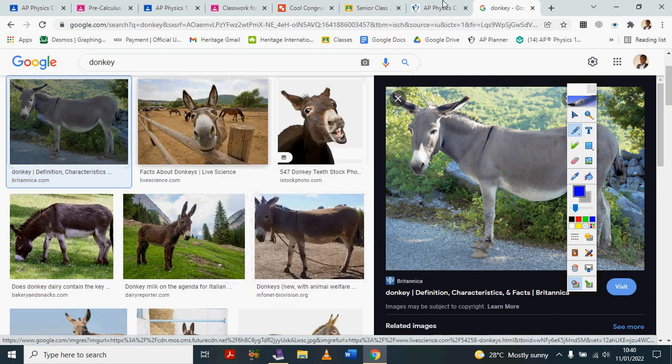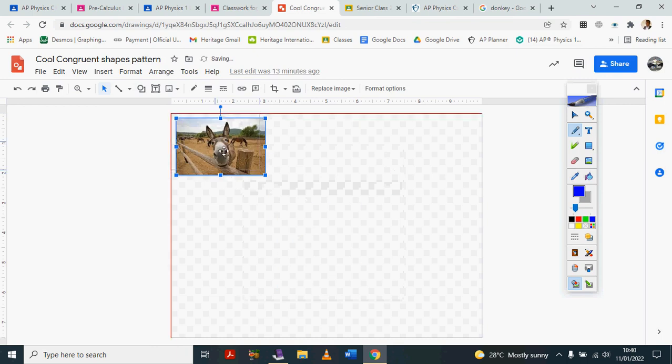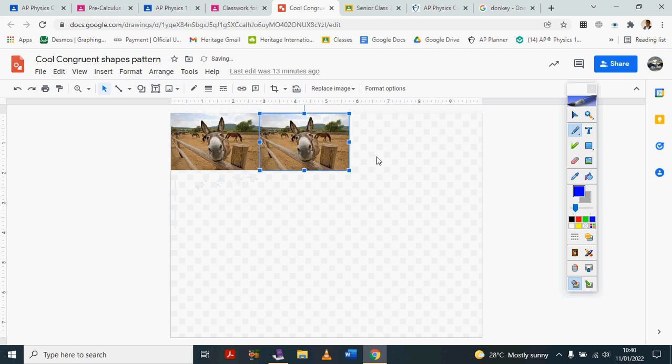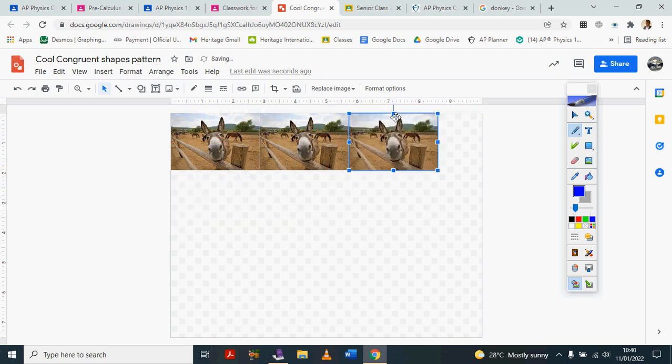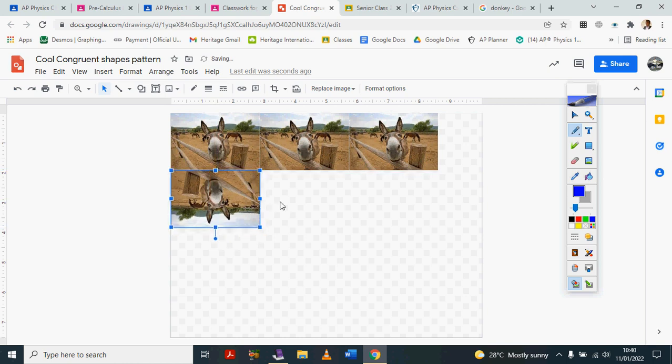You can copy the image, and then you go to your shape and paste it, right? And all you have to do is paste many images and just put them together. However, I want you to have different orientations. I want some of them to be rotated like this, some of them to be reflected.